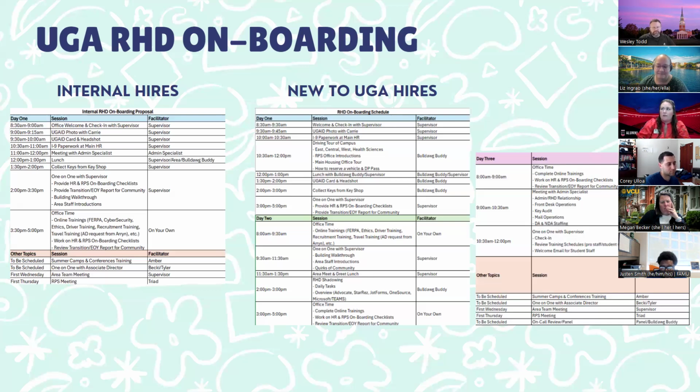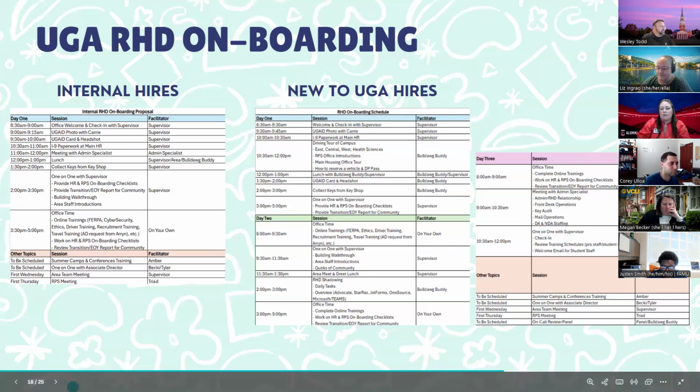And so we want to make sure that this onboarding experience sets them up for success with that. And they're not just sitting in their office spinning, because we have had that experience before. And that is no fun for anyone because you're just like, what am I supposed to be doing right now? So that is what the goal of this process really is and why we provide them with these schedules.